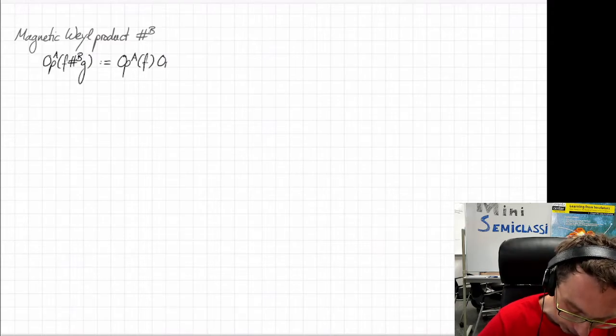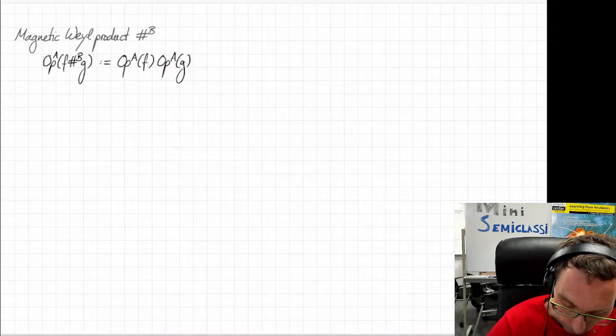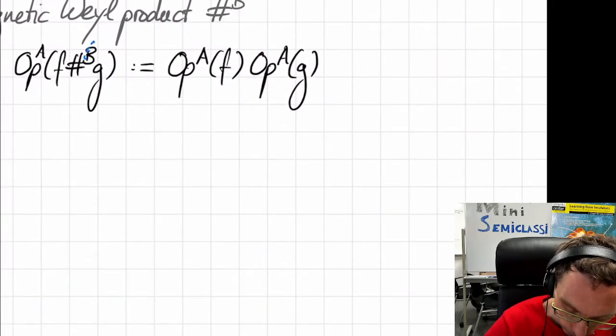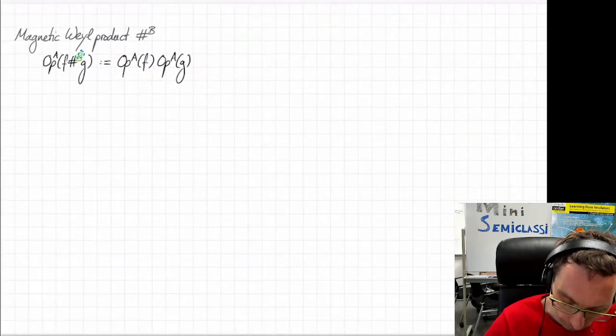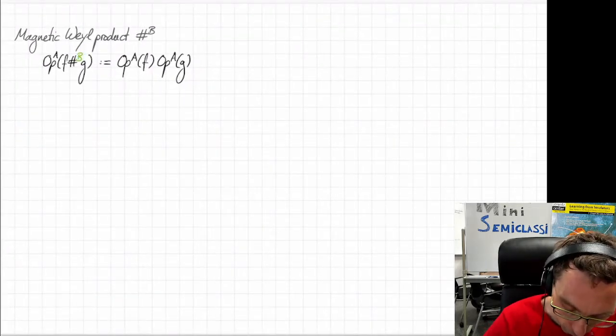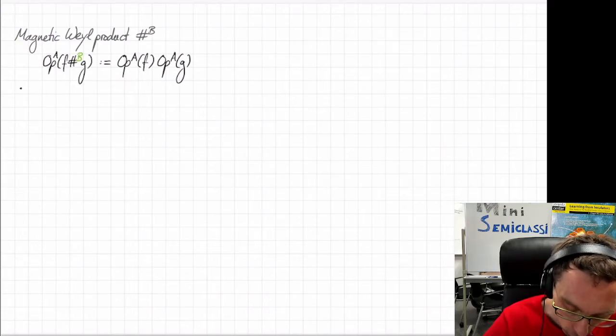It's defined in exactly the same way. You just pull back the operator product, and because of gauge covariance, the product on the level of functions on phase space or distributions on phase space only depends on the magnetic field, which is exactly what you would expect. And that means that, for example, the associated perturbation expansions also only depend on the magnetic field.